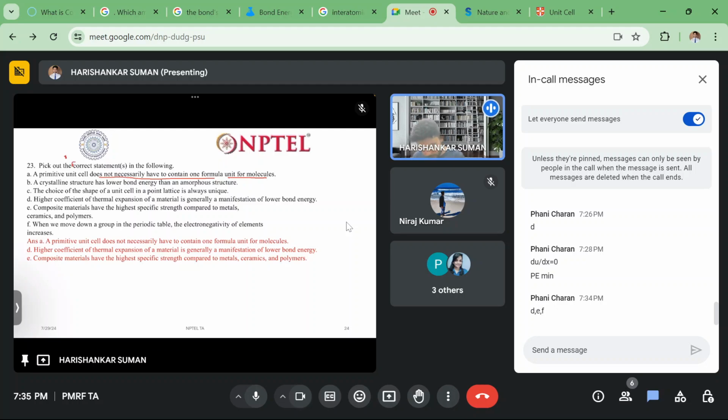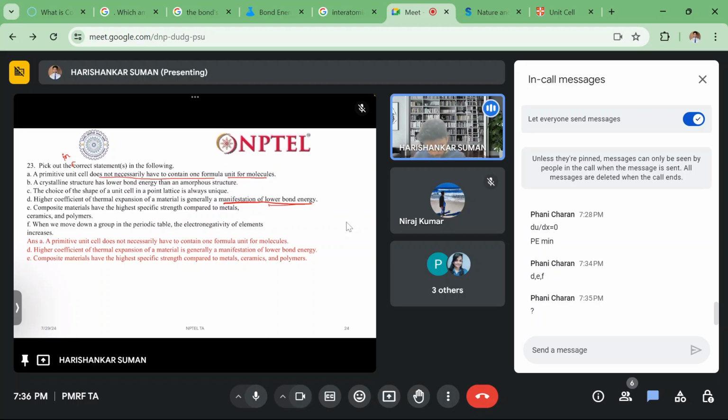Sorry, I think this is wrong. Let's say this is incorrect. This is the right answer: choice of the shape of the unit cell in a lattice is always unique.